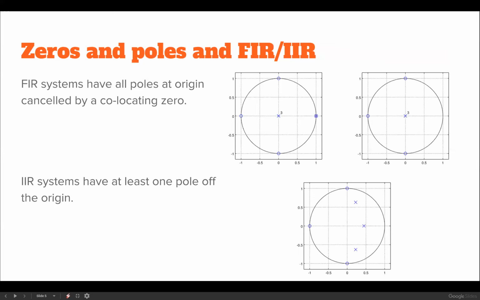zeros and poles. Those are pretty straightforward. Actually, finite impulse response systems have all poles at origin or cancelled by co-locating zeros. So this is the 4-point running average, both of them.